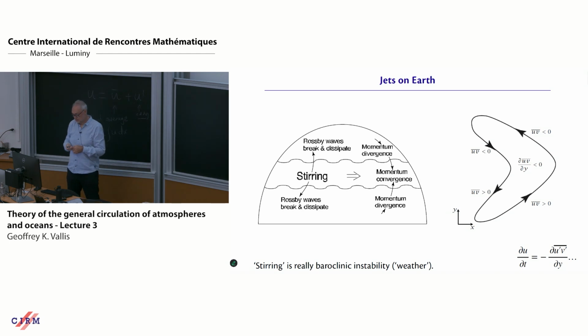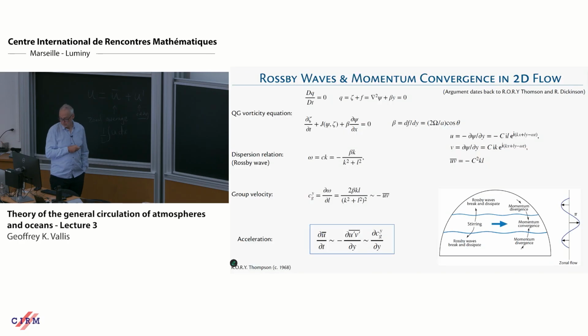Now, why should that be? And here's the mathematics behind it. And as I said, this argument actually goes back to this oceanographer called Rory Thompson. Here's our equation of motion.